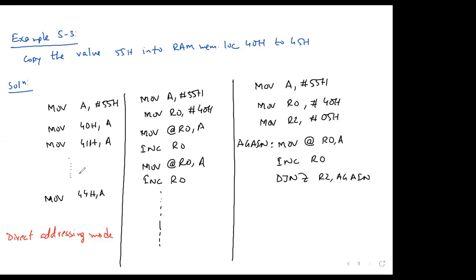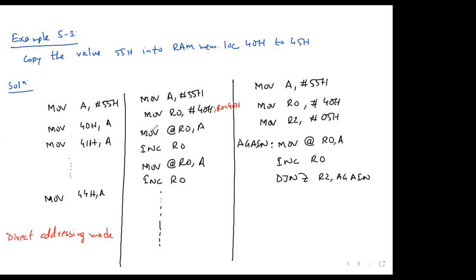In the next column, they said to use register indirect addressing mode without a loop. That means you cannot use a loop. So what we did: MOV A, #55H. So A contains 55H. Then MOV R0, #40H. After this line your R0 will contain the value 40H.